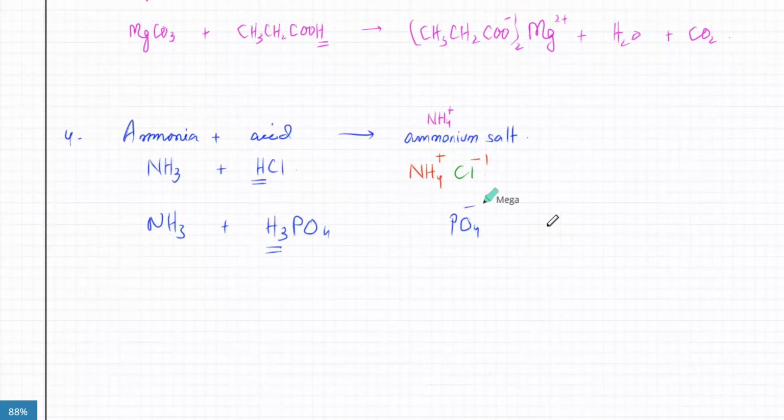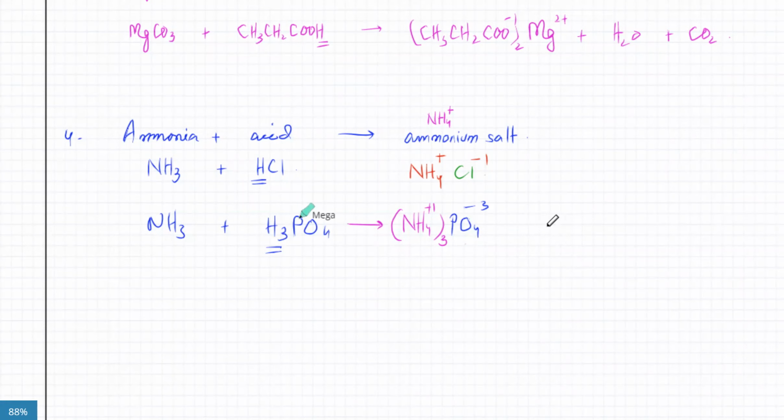And PO4 has a charge of -3. And replace the H over here, H3PO4 में H, get rid of the H, replace it with ammonium, NH4 plus 1. And if you do crisscross, it's going to be NH4 3PO4. And that is what the salt is going to be. It's going to be ammonium phosphate.